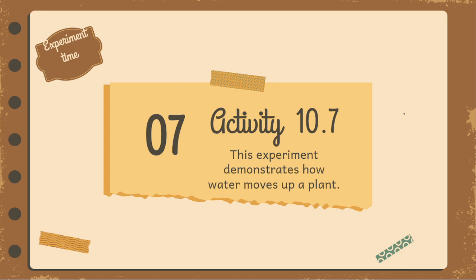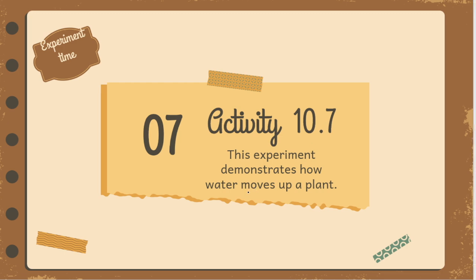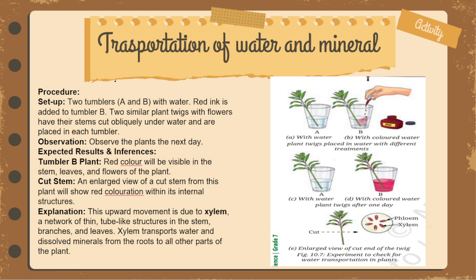This activity demonstrates that there is an upward movement in a plant, and water moves from the roots to other parts of the plant. You have to take two tumblers.